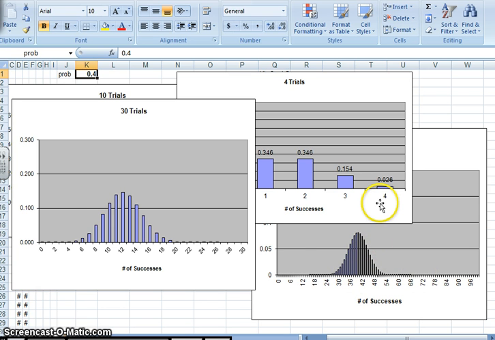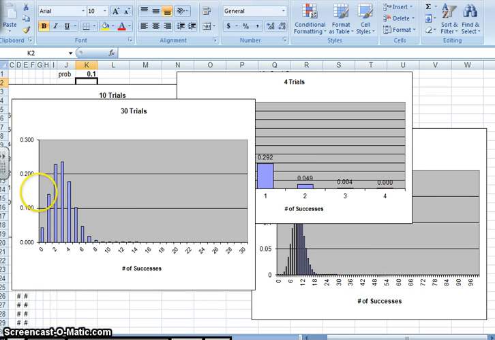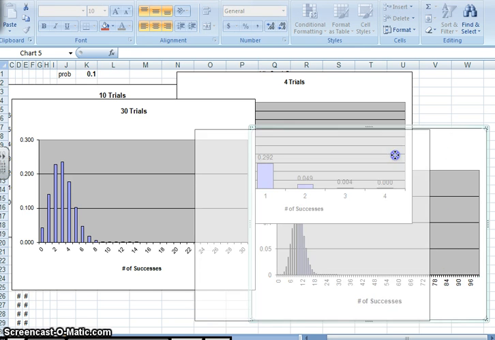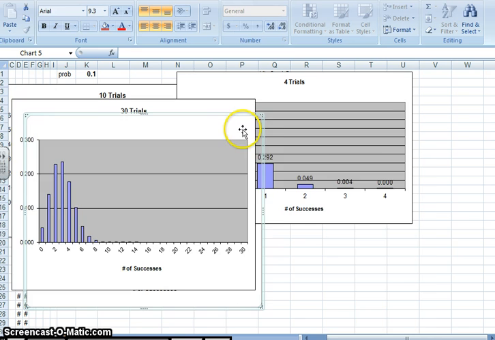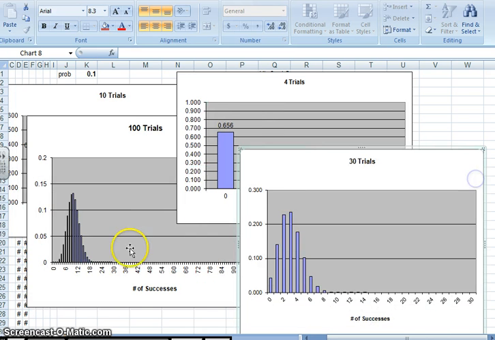What if I change it to 0.1? Okay, now this one's no good, but n times p is 3 here. So this is too skewed. It doesn't work. Well, even here, this is sort of the cutoff for when it works well. Here's the 100. This is sort of the cutoff. I can see that a normal model still would work pretty well, but this is really the lowest p could be.